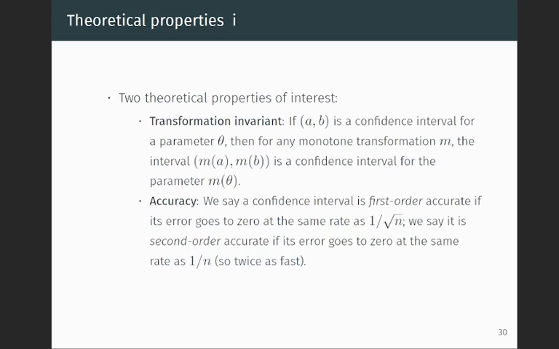And we say it's second order accurate if the error goes to 0 at double the rate, so 1 over n. And you could do third order accurate, fourth order accurate, etc. But the key point here is that we have two levels of accuracy, and that one of them is faster. So as you increase the sample size, you increase the accuracy by twice as much.